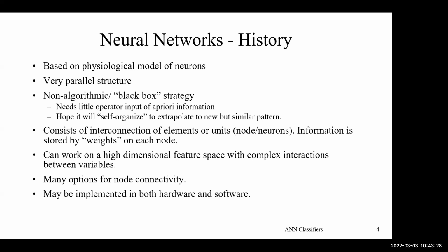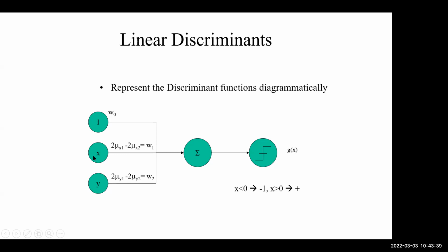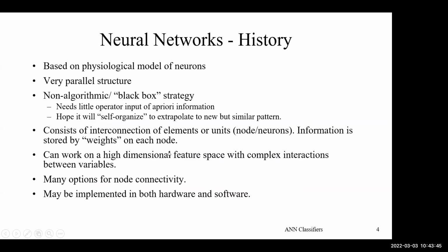So there are connections of elements, units, things we call nodes and neurons, and information is stored by weights on each node. So that's just like this stuff here. Neurons, different pieces, weights, there are connections in between. It's mathematically almost the same things you've seen before.